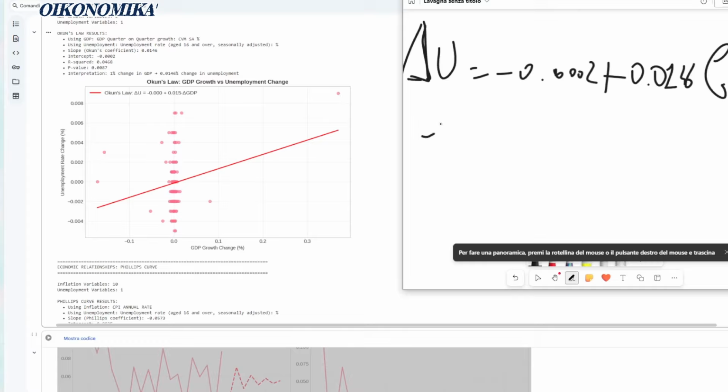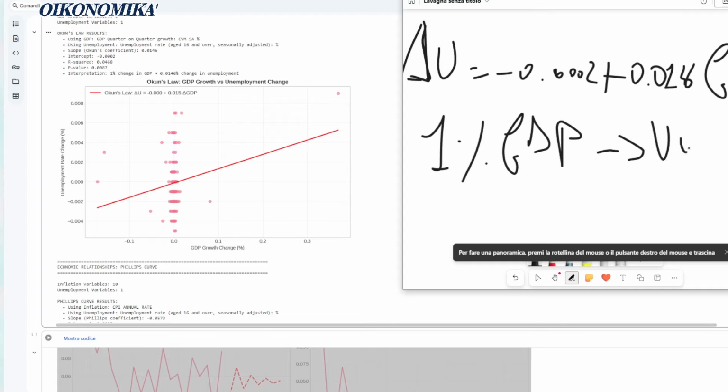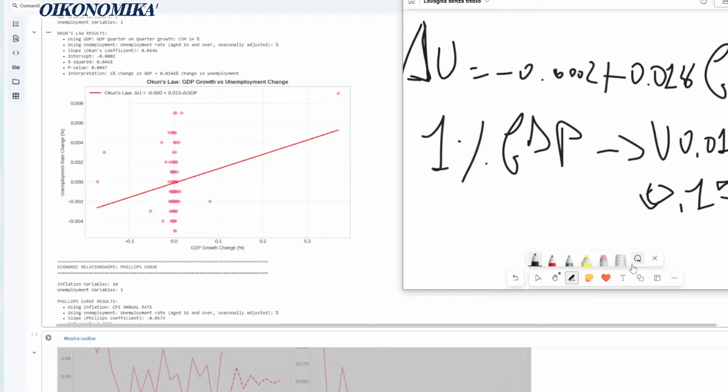So what that means is that for every 1% of gross domestic product, the improvement in the unemployment rate is 0.0146, which let's make it 0.15%. Somebody will say, okay, but the coefficient is positive, so it means that GDP goes up, unemployment goes up. No, it's the improvement in the unemployment rate. The UK economy this year is growing between 1.3 and 1.5% GDP.